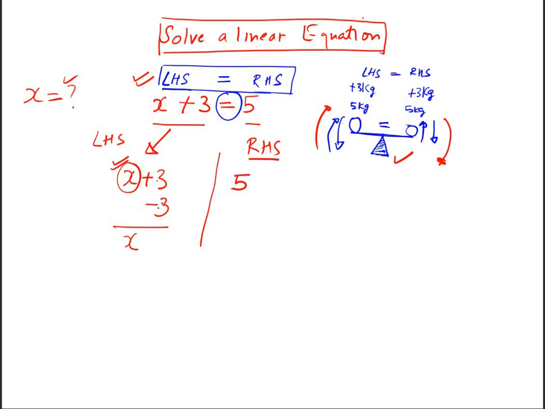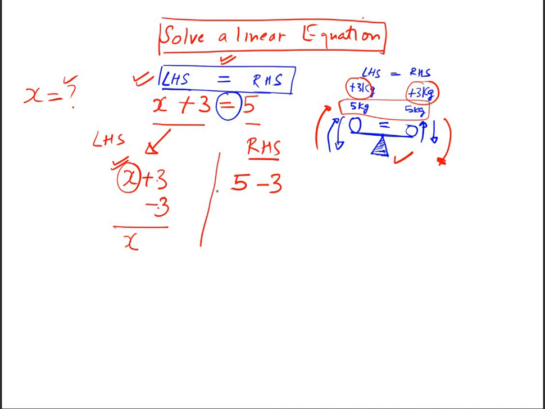So in order to balance it, if I'm taking 3 off from the left, I have to take 3 off from the right as well. It's exactly the way it was 5 kilos on both the sides in my example, and when I added 3 kilos here, it disbalanced it, and then I have to do exactly the same thing on the right hand side in order to balance it. So if I'm taking off 3 from the left hand side, I have to take off 3 from the right hand side to maintain the principle of the equation.